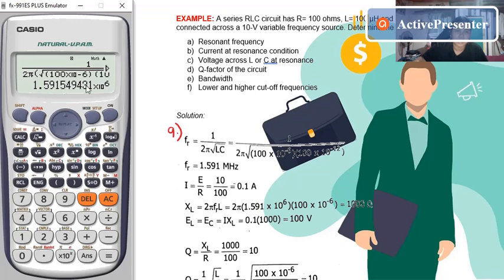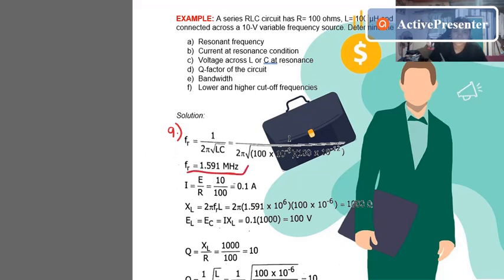Mega is times 10 raised to the power of 6. So we have our resonant frequency. Next, we have the current at resonance condition.